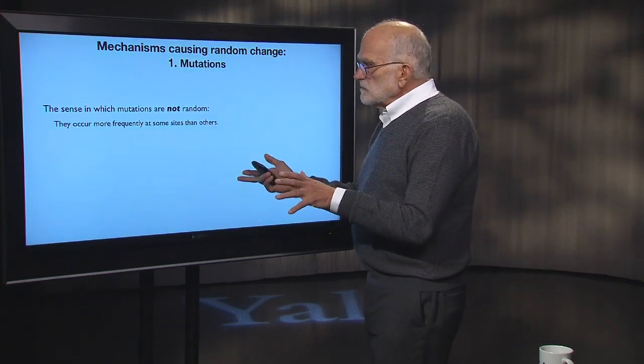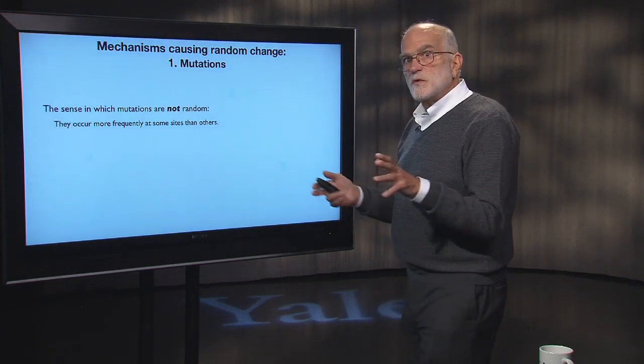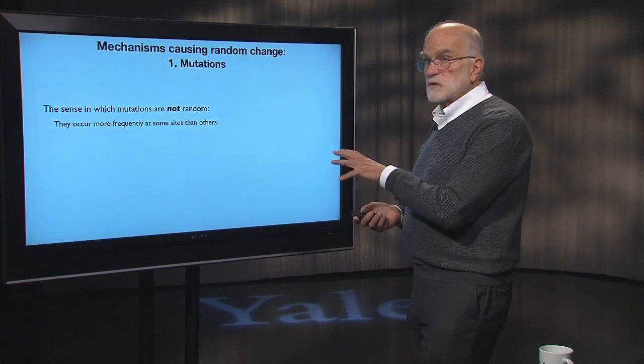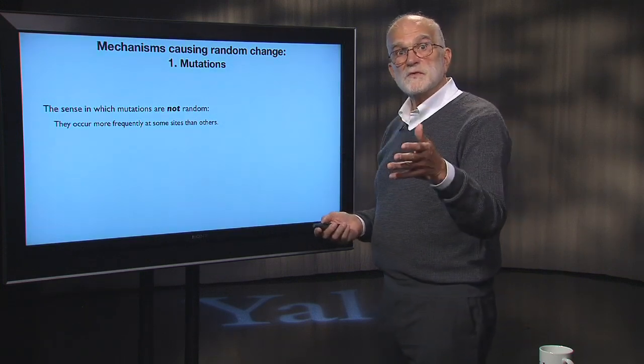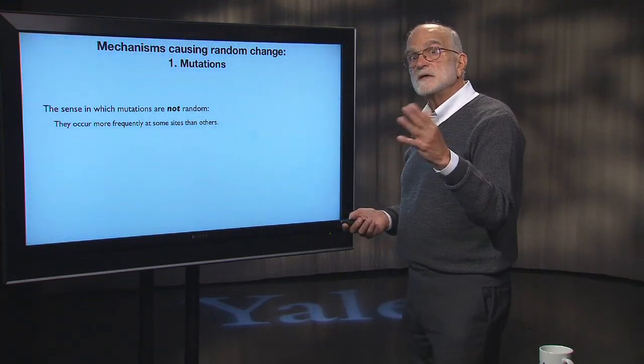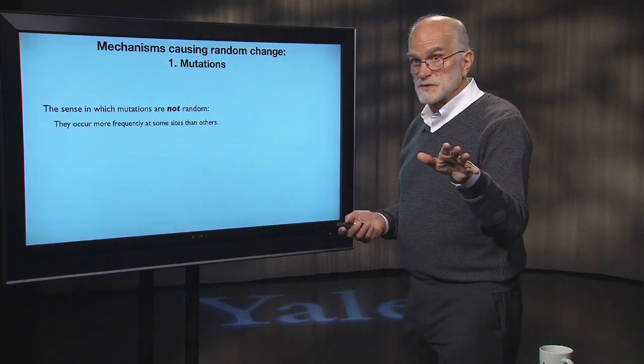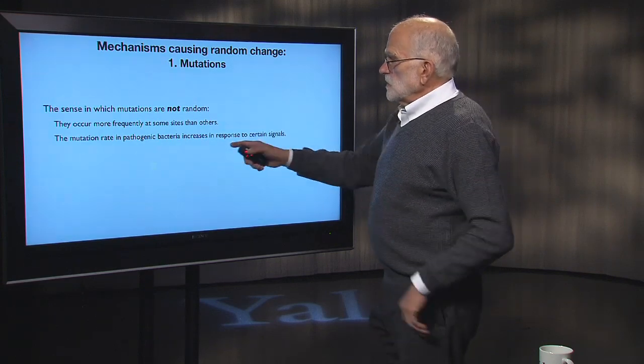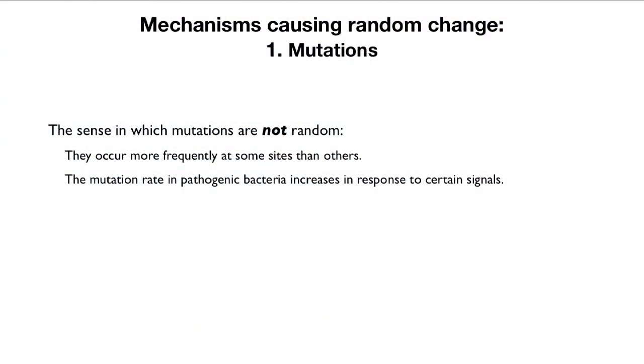So, some sites in the genome have more mutations than others. They mutate more frequently. And that occurs in bacteria, and the sites that are mutating more frequently are the ones that are interacting with antibiotics and with the host's immune system. So those are signals that pathogenic bacteria get, and in response to those signals, essentially what they do is they ignore DNA repair for the portions of the genome where it might be good to have more variation.